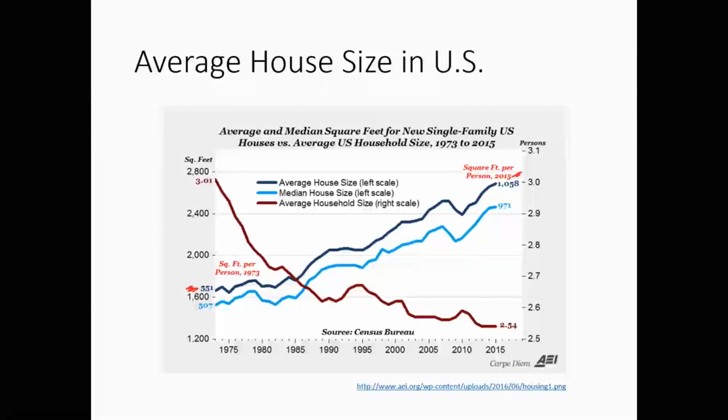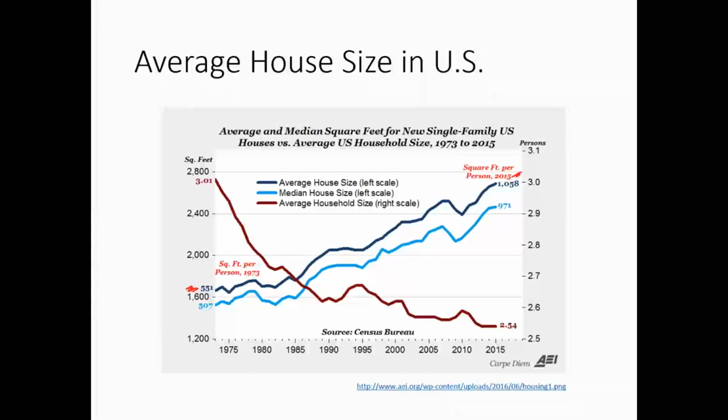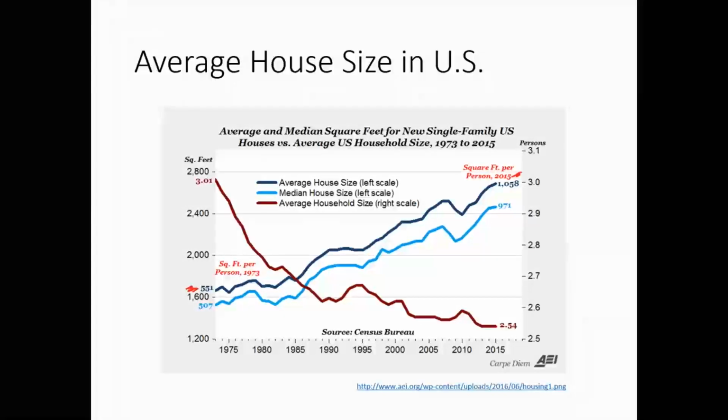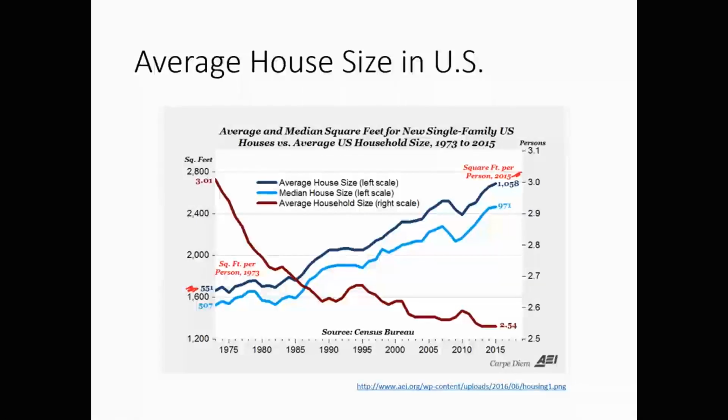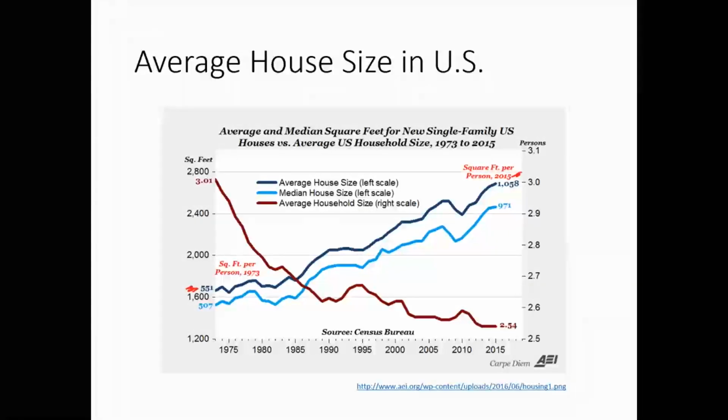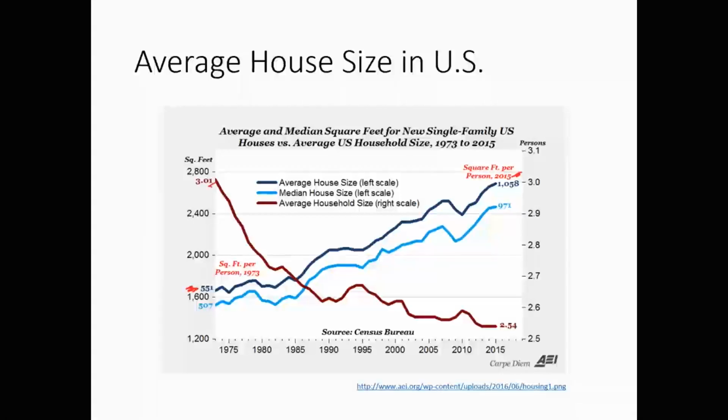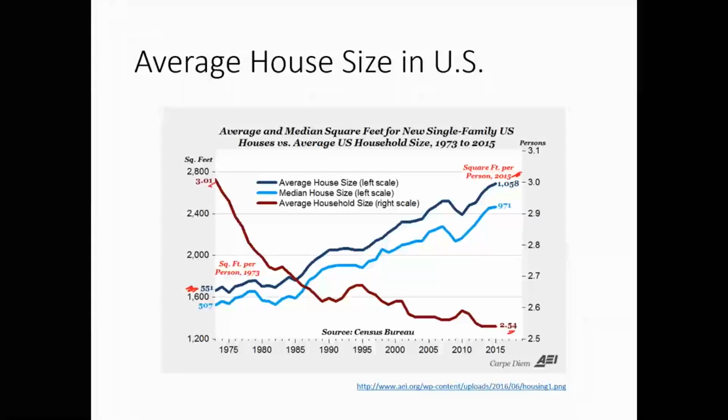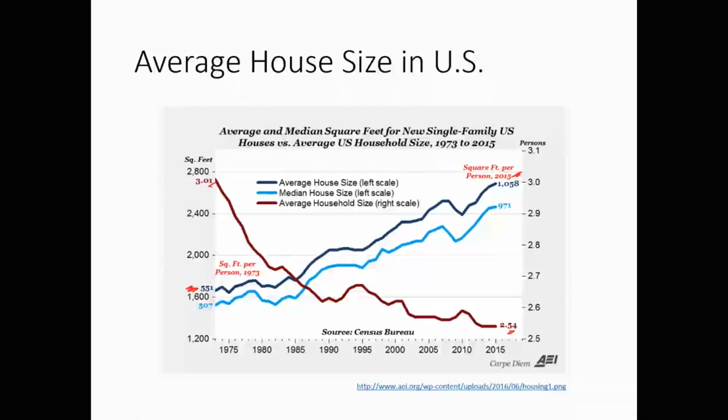So buildings are either getting bigger or there are fewer people in the buildings. The average household size has dropped, and the square footage has doubled. So household size went from three people to 2.5 people per household, and then our square footage has doubled.